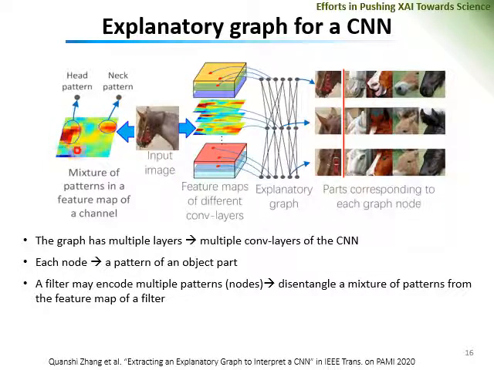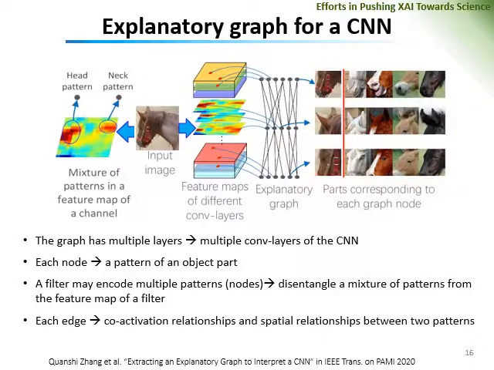That means, for example, from this filter, we can disentangle the pattern for the head and the pattern for the neck. And the edges represent the co-activation relationship and the spatial relationship between different nodes. So in sum, we can consider the explanatory graph as a dictionary for all potential visual concepts encoded in the convolutional layers.